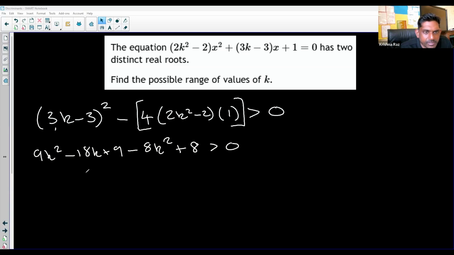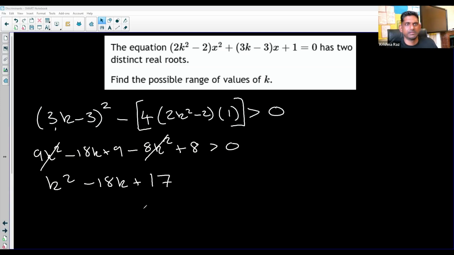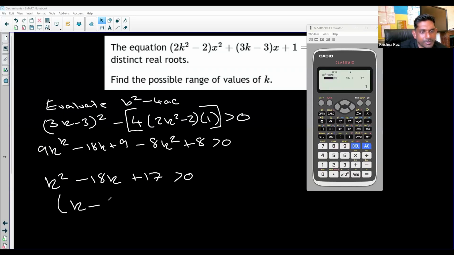So that gives me k squared minus 18k plus 17 is greater than 0. We get k minus 17, k minus 1.